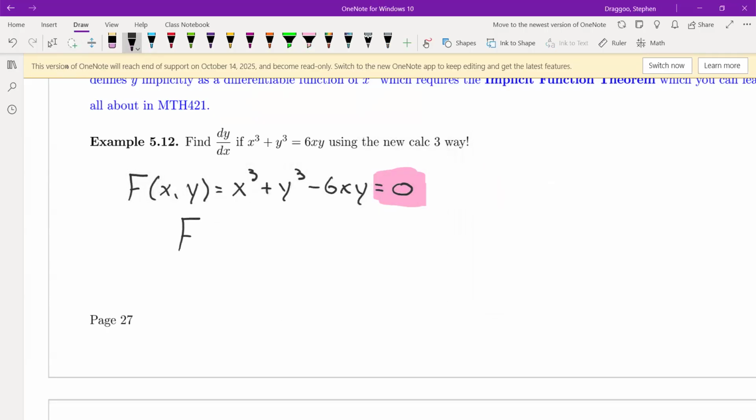Slide you over to the left a little bit. So now I need x partials and y partials. F partial x is going to be 3x squared minus 6y. And my y partial should be 3y squared minus 6x.